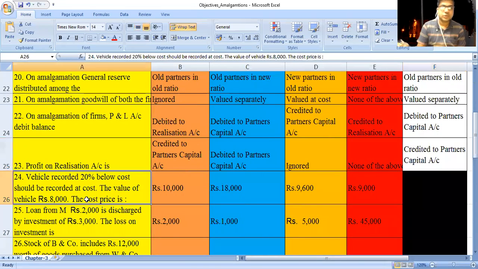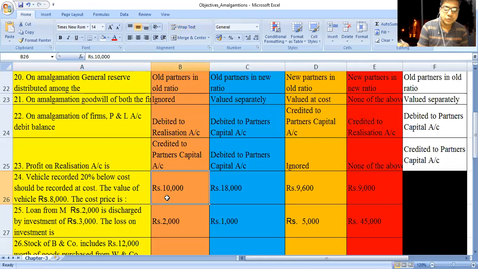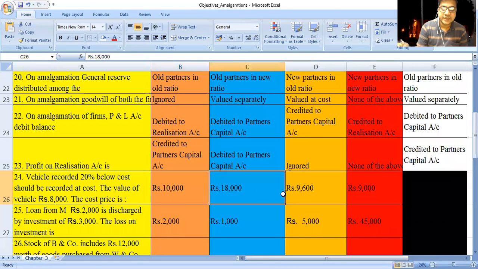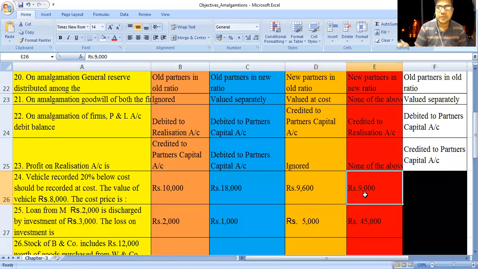Now, question number 24. Vehicle recorded 20% below cost should be recorded at cost. The value of the vehicle is rupees 8,000. The cost price is dash. You have four options: rupees 10,000, rupees 18,000, rupees 9,600, and rupees 9,000.